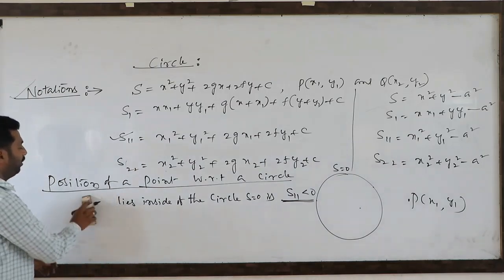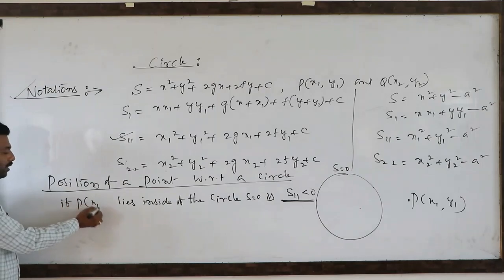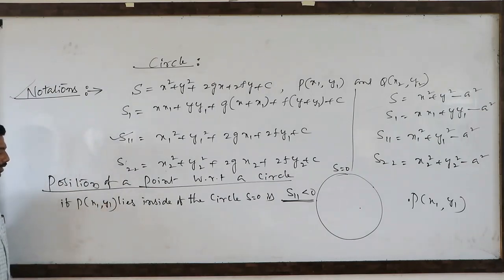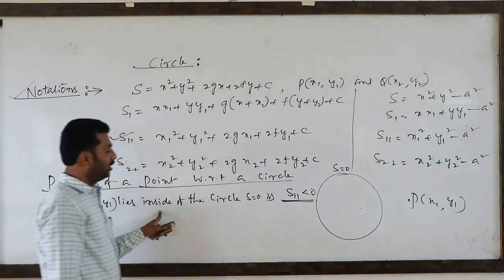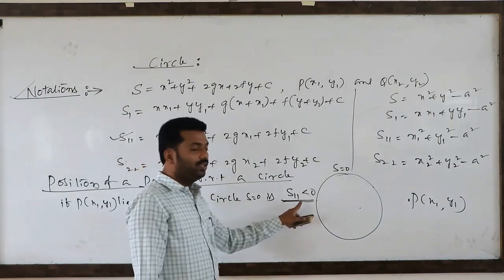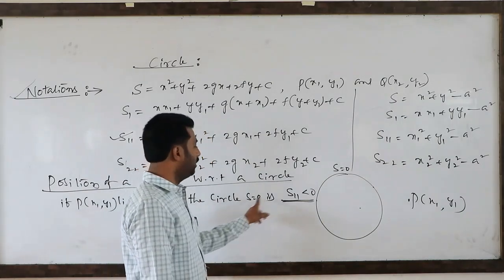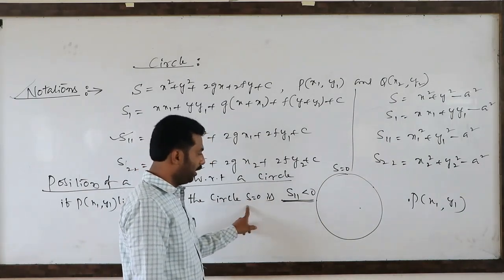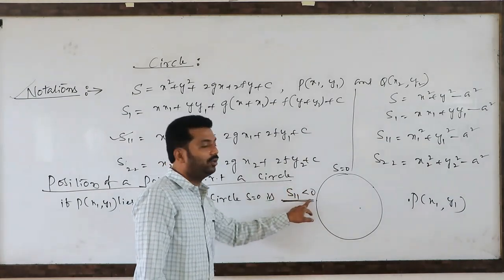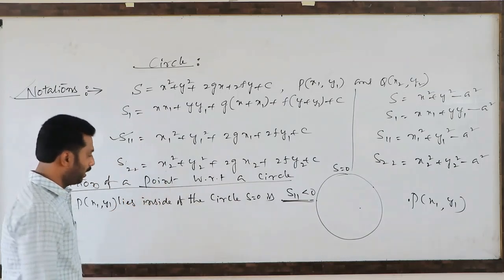This point P of x1 comma y1, you can write like this. This is x1 comma y1. If P of x1 comma y1 lies inside of the circle S equal to 0, what is the condition? If you substitute this point in the circle equation, this value negative means that the point is inside the circle.